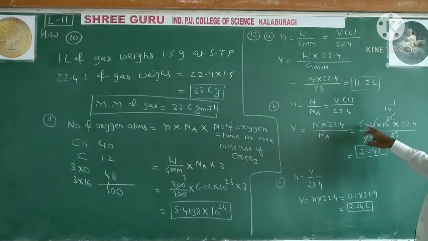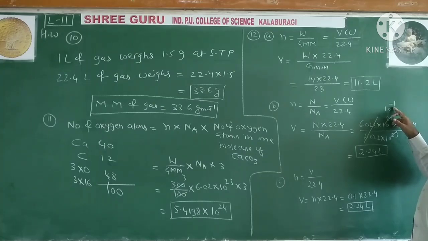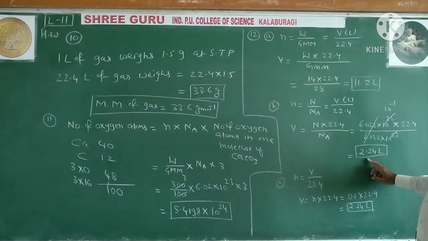The number of molecules given in the question is 6.022 into 10 raised to 22, times 22.4, divided by Avogadro number. This 6.022 and 6.022 get cancelled. This is 10 raised to plus 22 multiplied by 10 raised to minus 23. That becomes 10 raised to minus 1 into 22.4, which is 2.24 liters.